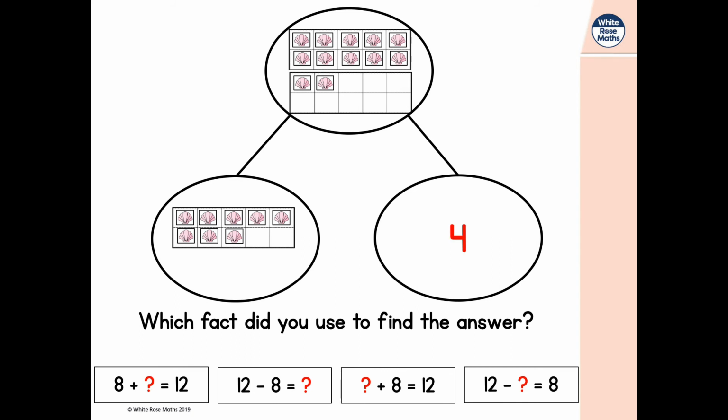It's 4, exactly. And if we put 4 in each of our facts, we could see they're all correct. 8 plus 4 equals 12. 12 subtract 8 equals 4. 4 plus 8 equals 12. And 12 subtract 4 equals 8. Well done.